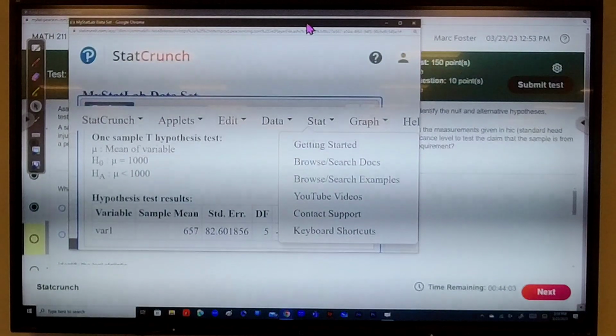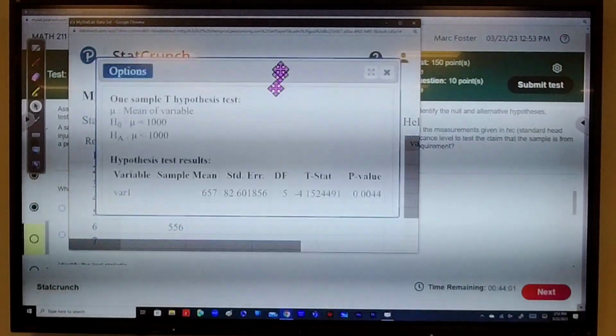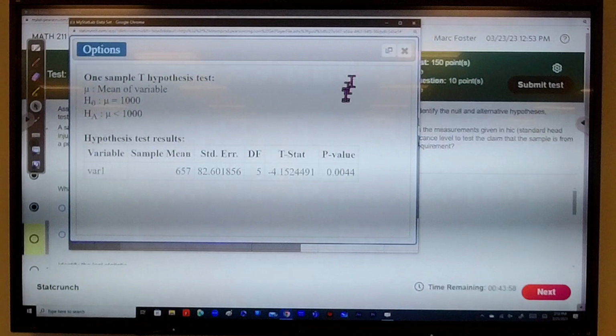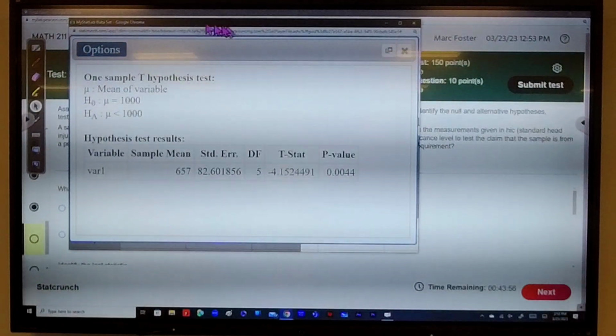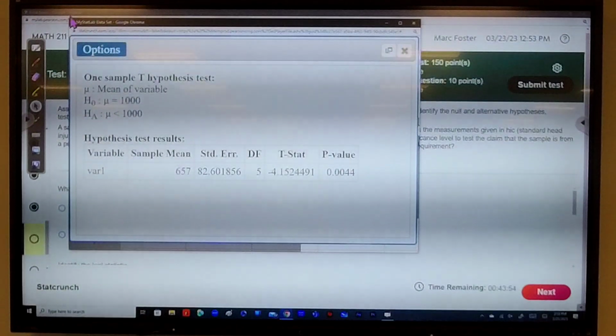And I get this test statistic that is way far in the tail with a correspondingly miniature p-value.